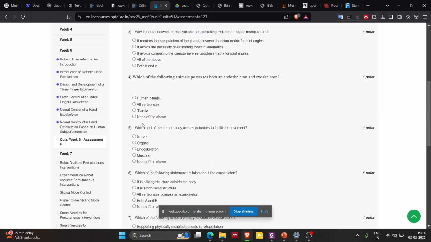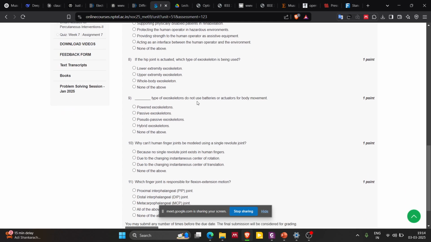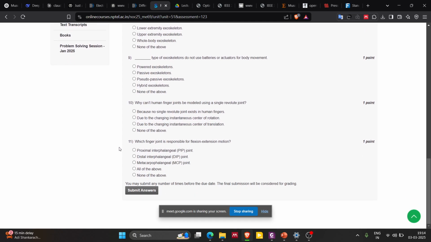I have designed today's session also along comprehensive lines. So you can see which finger joint is responsible for flexion extension motion. You can easily get this part. Please do go through this biomechanics part, what kind of joint muscles.